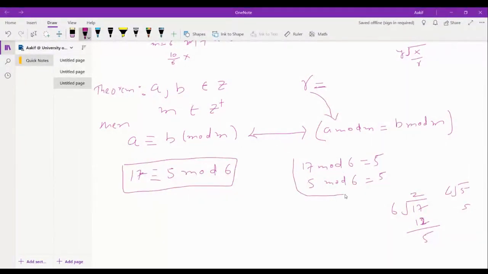Both of these are the same values, therefore this theorem holds true. So we were able to find that if A is congruent to B mod M, then this property is true if and only if A mod M is equal to B mod M.